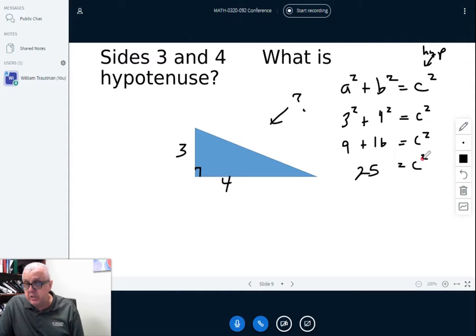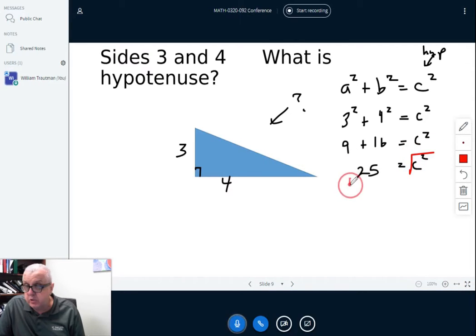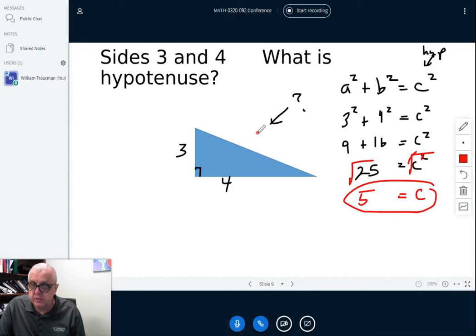Do you see, this says c squared equals 25, but I want to know what c equals. So to get rid of a square, I do the opposite. I square root both sides. Square root and a square cancel. And the square root of 25 is 5. So the hypotenuse is 5 in this case.